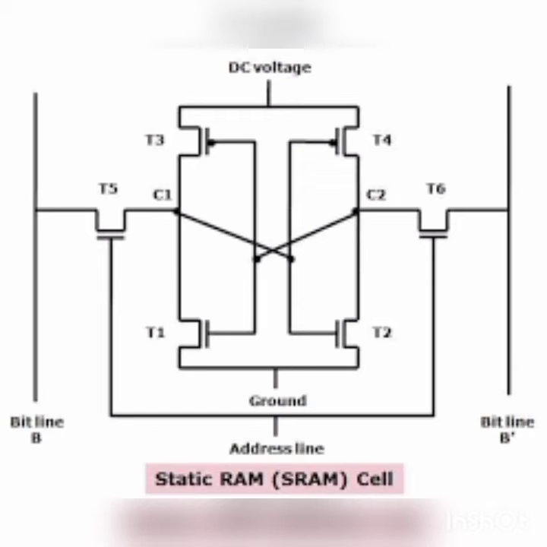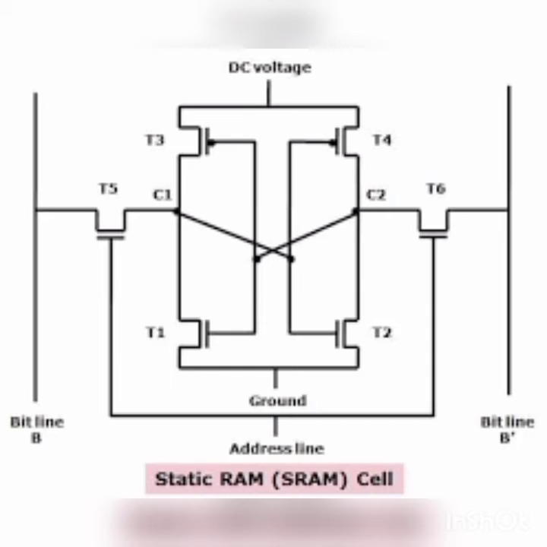Whereas in the logic 0 state, the point C1 is low and the point C2 is high. In this state, T1 and T4 are on and T2 and T3 are off. Both states are stable as long as power is applied to them. For this, no refresh is needed.